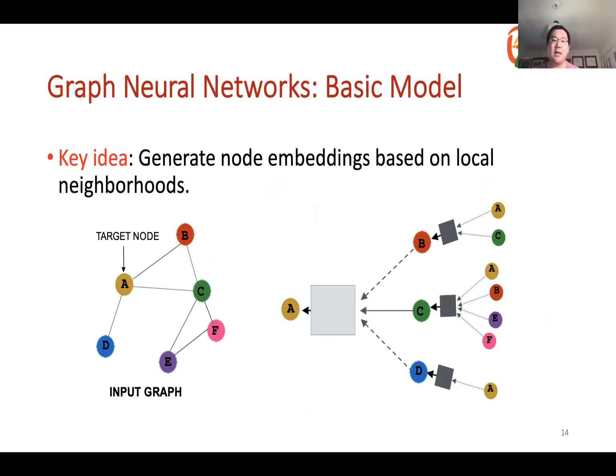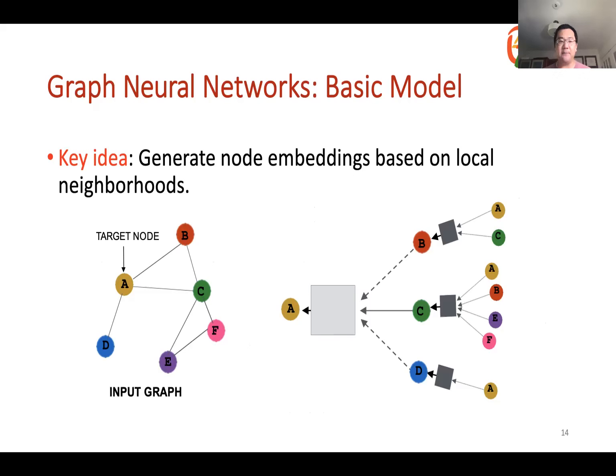Okay, now let's use a very basic model to illustrate how graph neural networks work. The key idea here is to generate a node embedding based on a local neighborhood. As shown in this graph, A is our target node. If we want to learn a representation for graph node A, we need to take advantage of the context information, where we can assume that the first-order neighborhood, like B, C, D, is the context information.